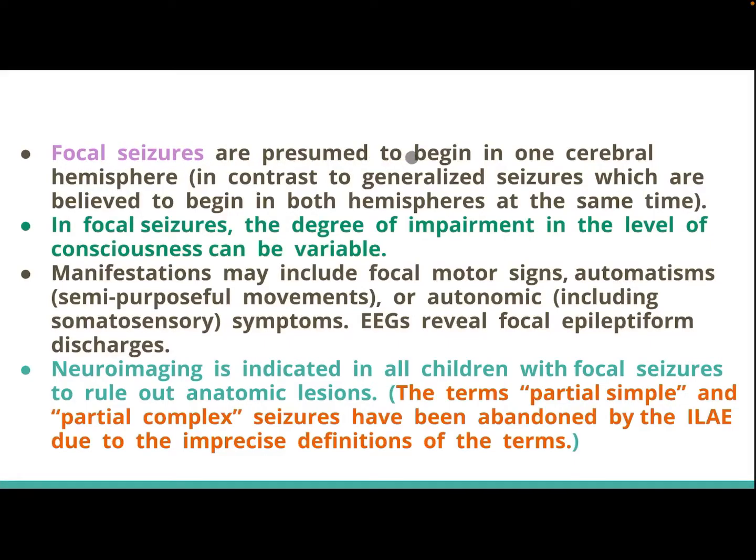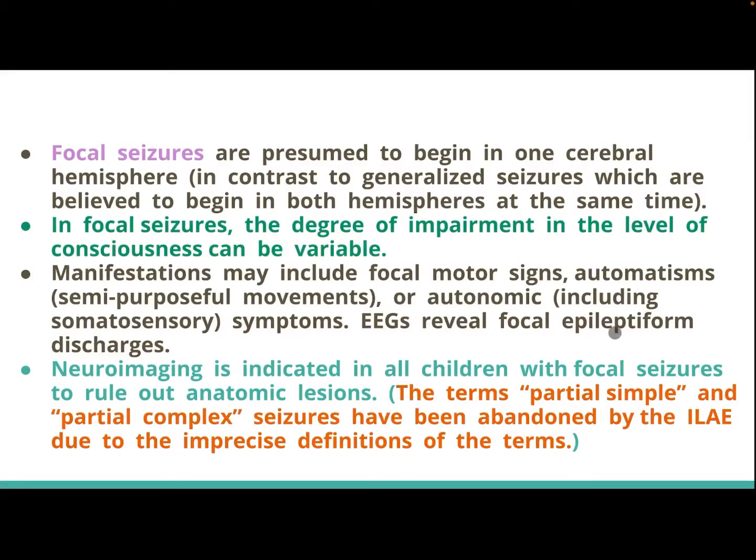Focal seizures are presumed to begin in one cerebral hemisphere, in contrast to generalized seizures, which are believed to begin in both hemispheres at the same time. In a focal seizure, the degree of impairment in the level of consciousness can be variable. Manifestations may include focal motor signs, automatism, semi-purposeful movement, or autonomic, including somatosensory symptoms.